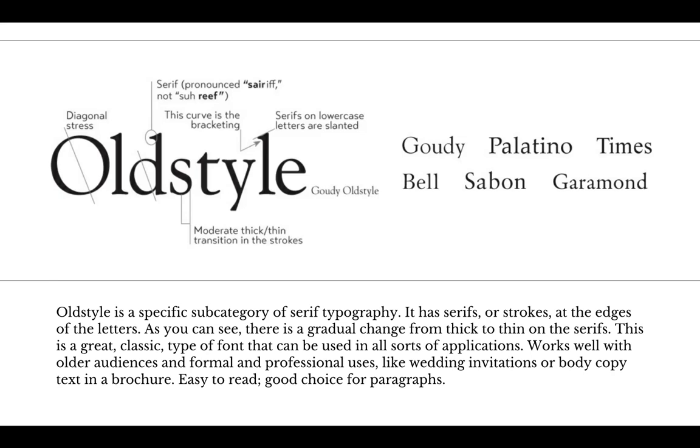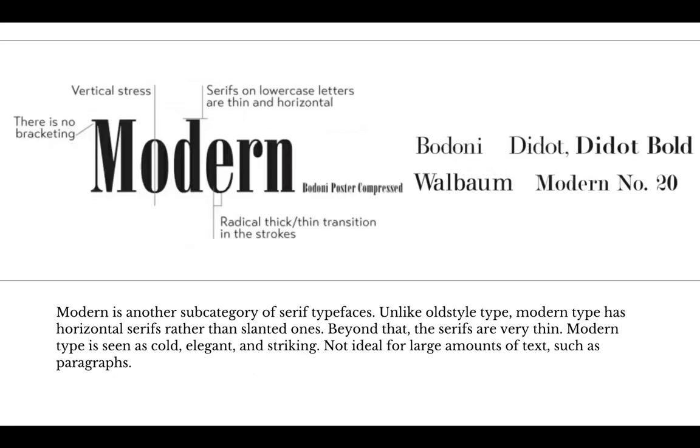Old style fonts are also generally very easy to read, so they're a good choice for large amounts of text, like paragraphs. Next, we have modern type. Modern type may look like old style at first. That's because they both have serifs.